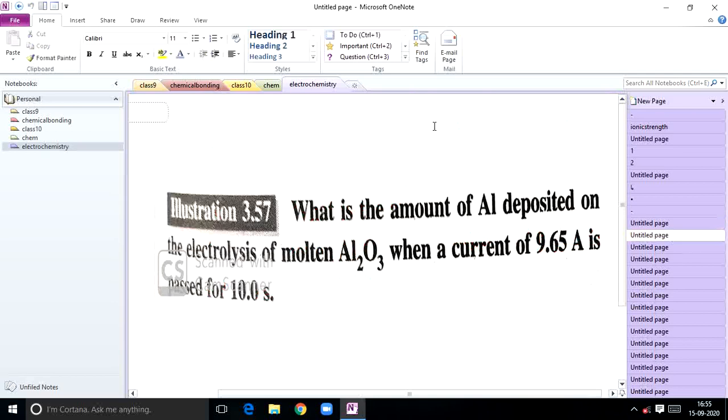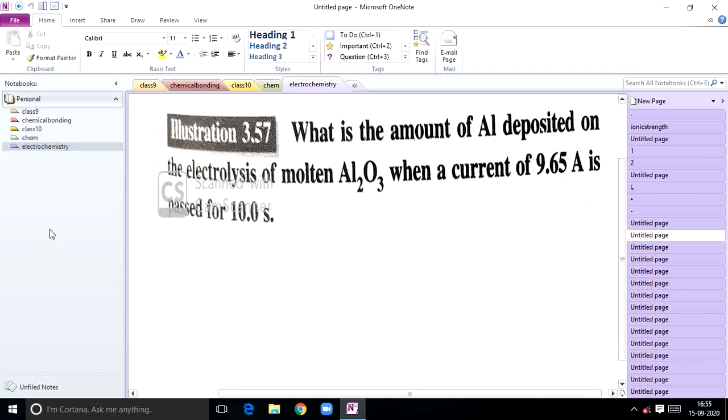Next, what amount of aluminum is deposited on electrolysis of molten Al2O3 when a current and time is given? Very easy, students. Molten Al2O3 splits into 2Al3 plus and 3O2 minus.